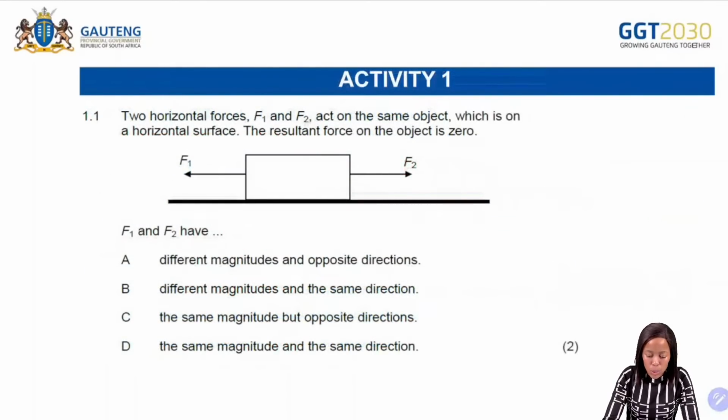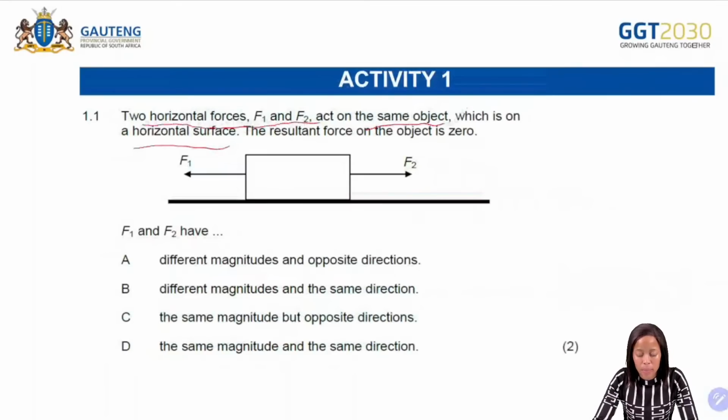So it says 2 horizontal forces, okay? Those forces are F1 and F2. It says they act on the same object, which is on a horizontal surface, okay? Then it says the resultant force on the object is 0.